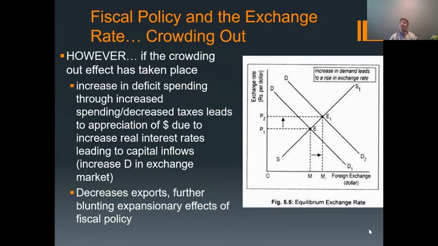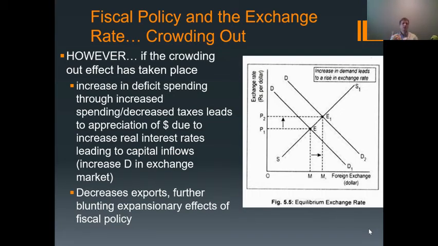And to complicate things even further, there could be the crowding out effect. If you have expansionary fiscal policy and the crowding out effect is taking place, that increase in deficit spending increases the real interest rate. That increase in the real interest rate means that you would have capital inflow. If you have capital inflow, that leads to an increase in demand for your currency, which means you appreciate the currency.